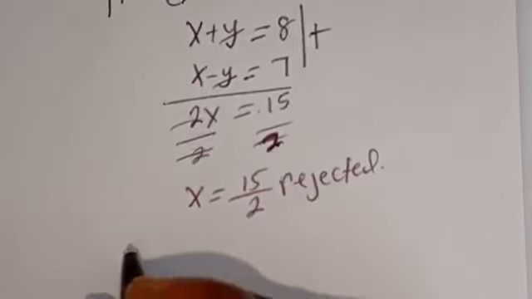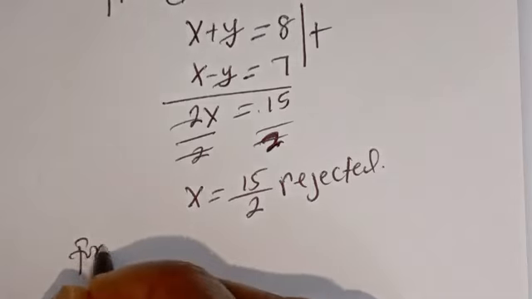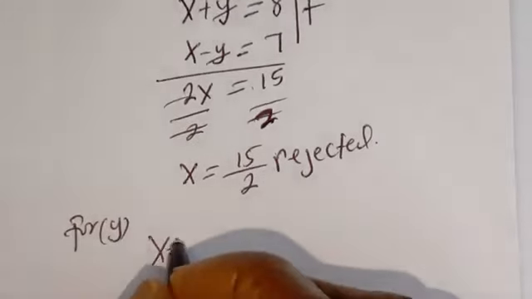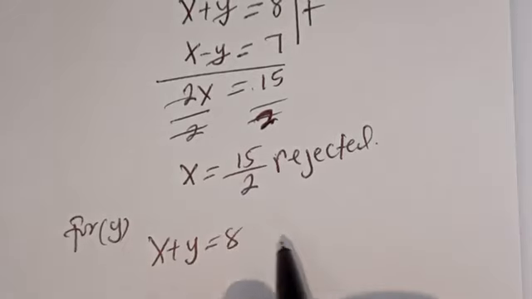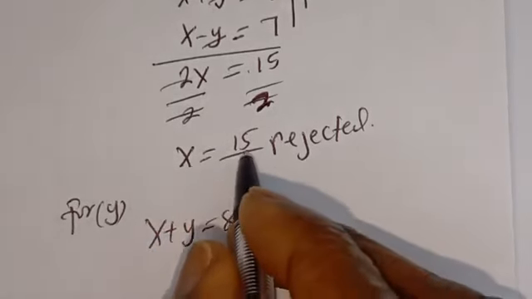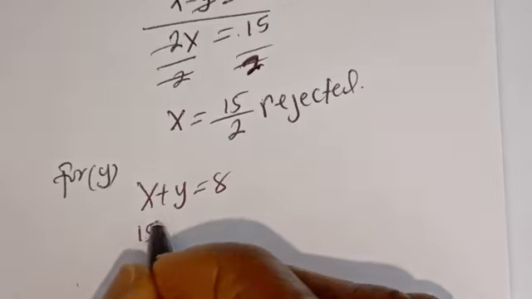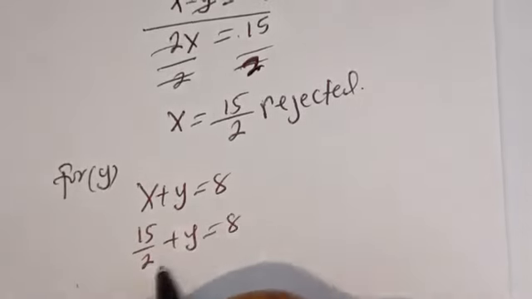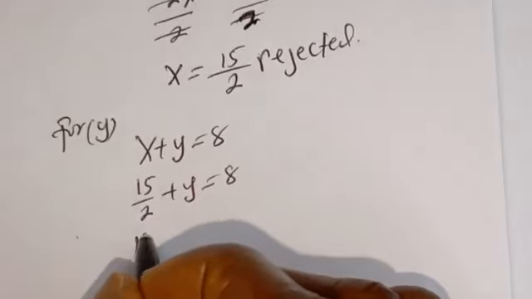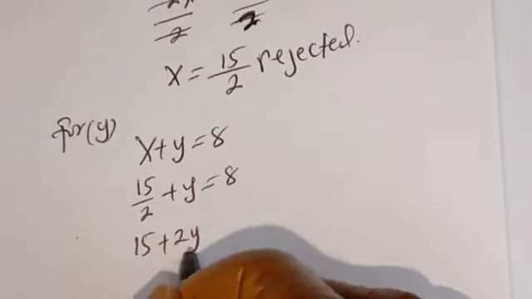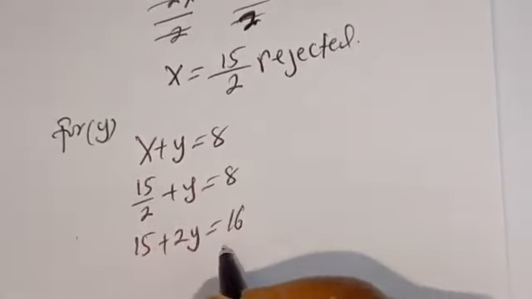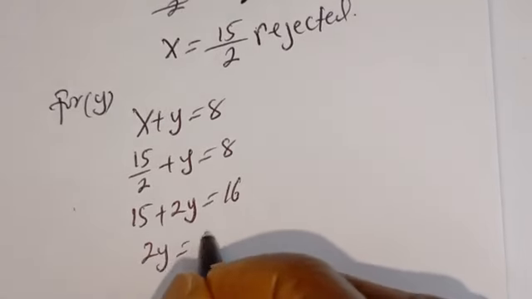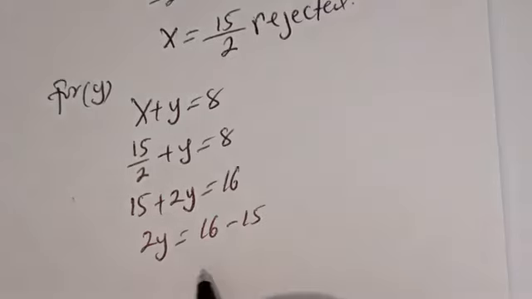Then let's solve for y. For y, we have x plus y equal to 8. Then when x is equal to 15 over 2, we have 15 divided by 2 plus y equal to 8. Let's multiply all through by 2. We have 15 plus 2y equal to 8 times 2, 16. Then 2y is equal to 16 minus 15.